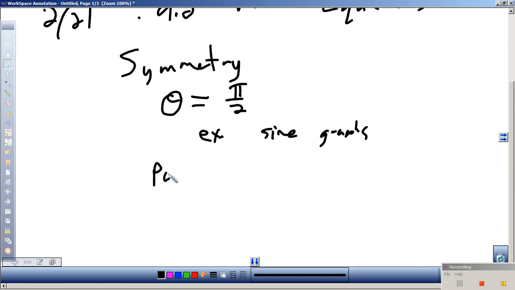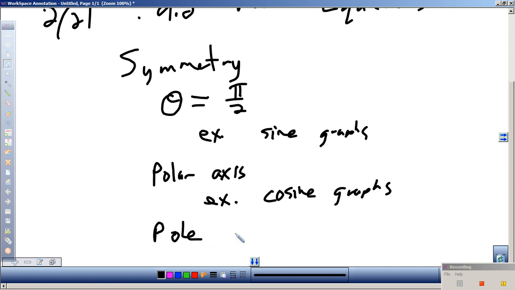Next one, polar axis, which is your x-axis in rectangular. An example of things that have that is your cosine graph. And a third one, pole symmetry. What is theta equals polar axis? 0.